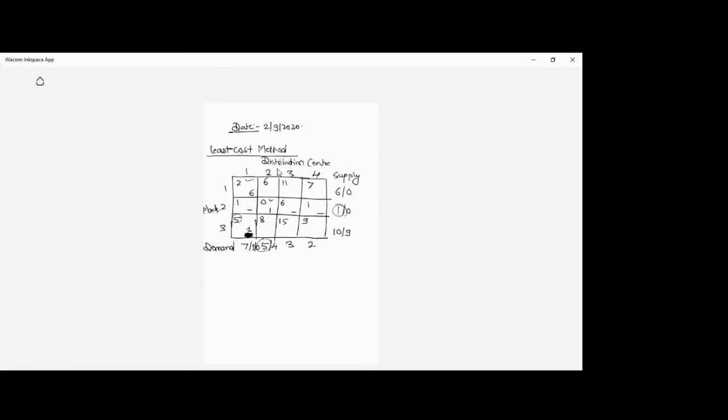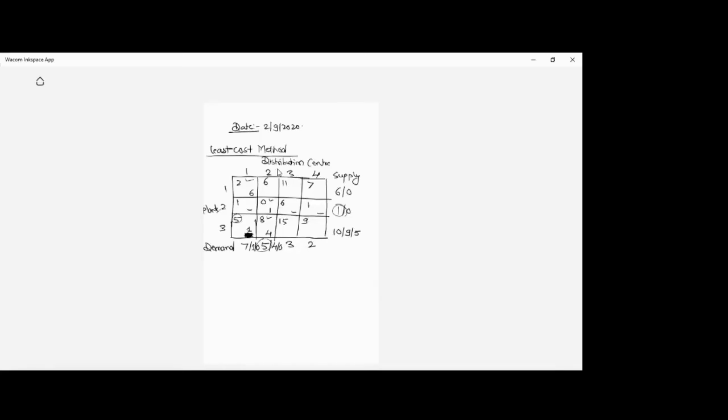After 5, the next least value that we have is 8, right? So in this particular cell we are going to do the allocation. The maximum allocation that I can do in this cell: the values are 9 or 4, and the least value here is 4, and that I will be allocating. So this demand constraint will get exhausted, and here I have 5 million liters as pending, right?